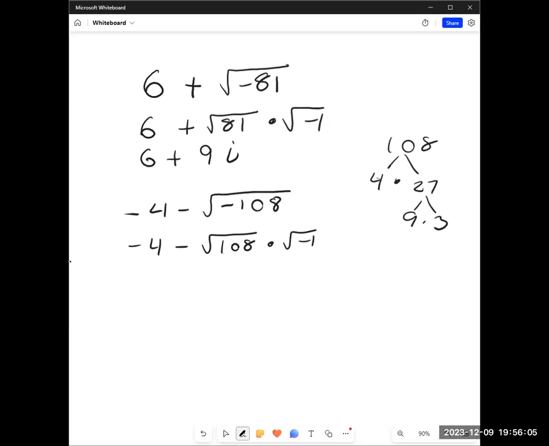So the root of 36 is 6. Root 3 i. And so -4 minus 6 root 3 i is our standard form.